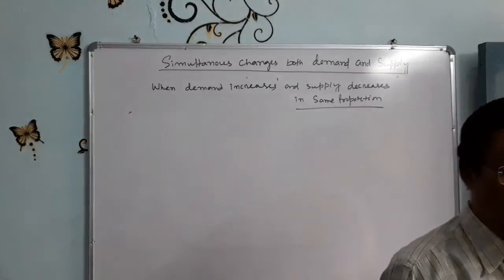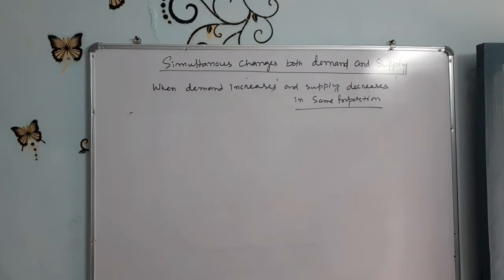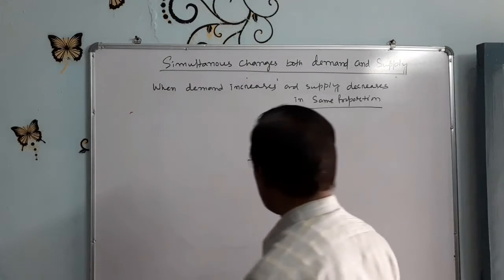When demand increases and supply decreases in that same proportion, what is the effect on price and quantity?